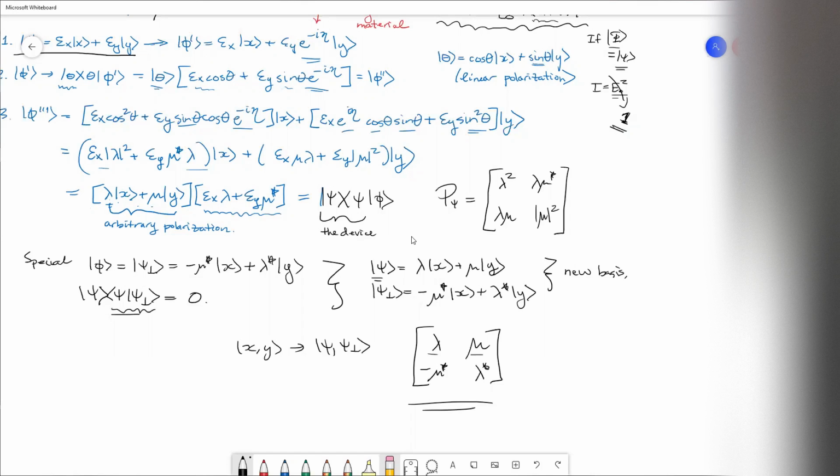And so if you have a transformation like that, it has to preserve the orthonormality of the basis. You have to maintain that this is 0 and that x dotted into itself is 1. Same thing for psi and psi perp.